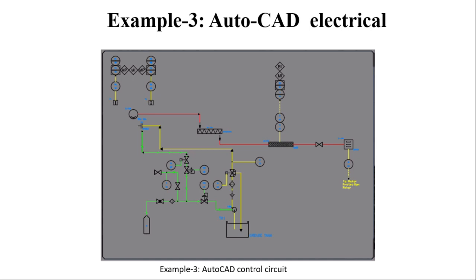So it's very easy to understand that when we use the general AutoCAD version, it will need more time to design this type of schematic, but AutoCAD Electrical features symbols and extra programming for analysis of electrical circuits.